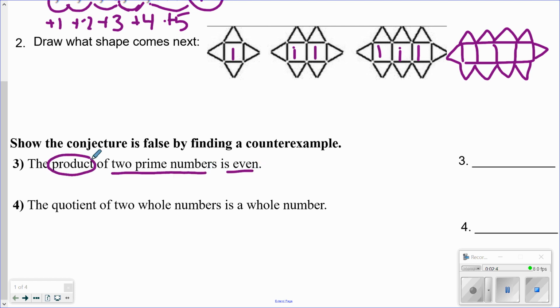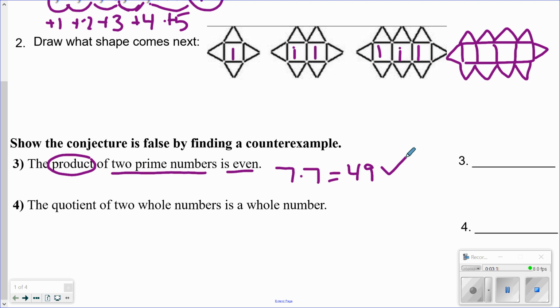So I need to figure out 2 numbers that are prime that when I multiply them together, their answer is odd. So one example that you could use would be 7 times 7. 7 and 7 are both prime numbers. When you multiply those together, you get 49. 49 is an odd number, not even, so this is a counterexample. I just disproved that conjecture.